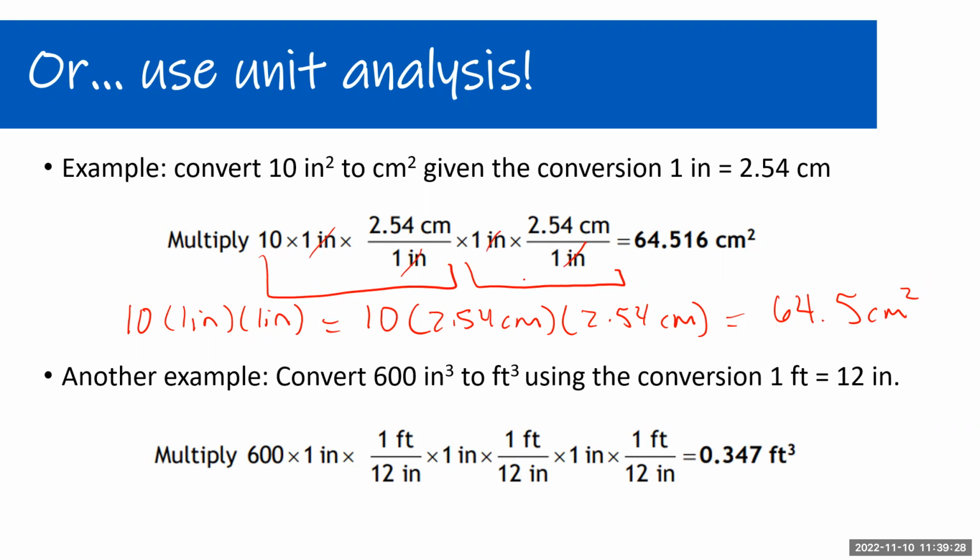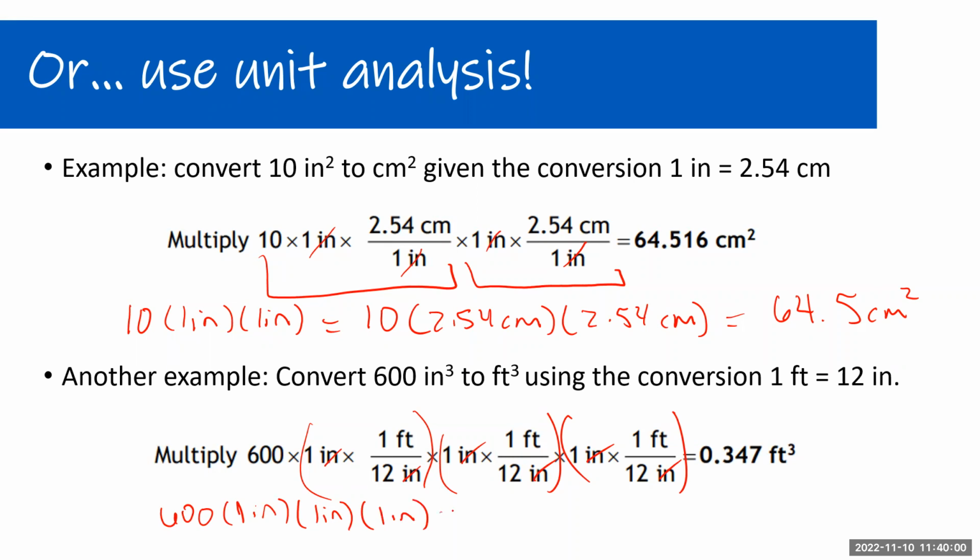600 inches cubed to feet cubed. Remember that 1 foot is 12 inches. So you can do it in the unit analysis way, remembering 1 foot per 12 inches for each of those units, so you can cancel out your inches. Or you can think about it being 600 times 1 inch times 1 inch times 1 inch.